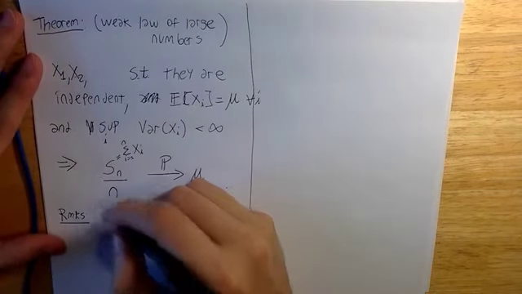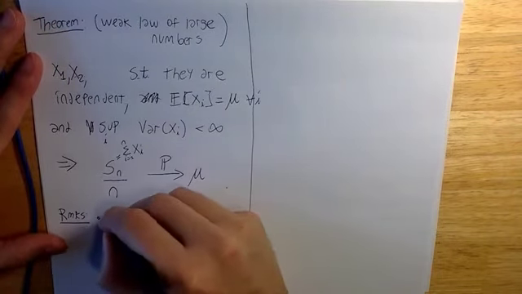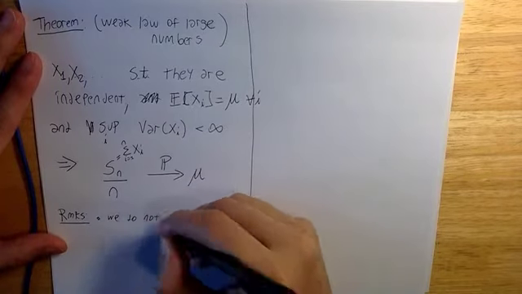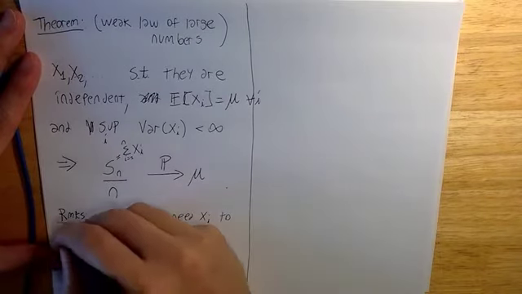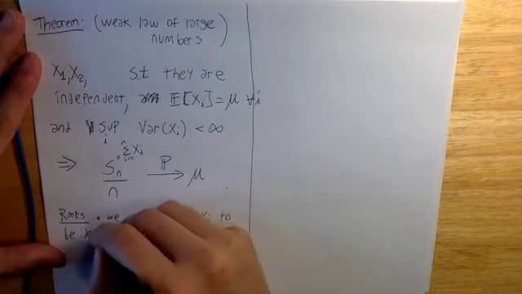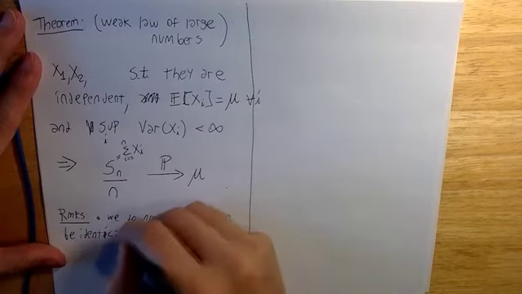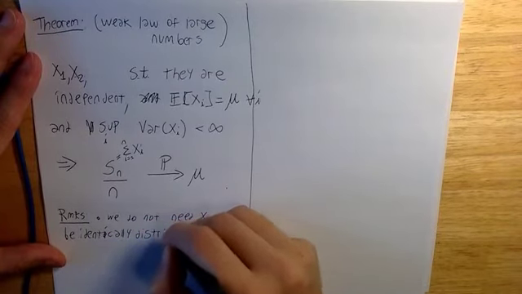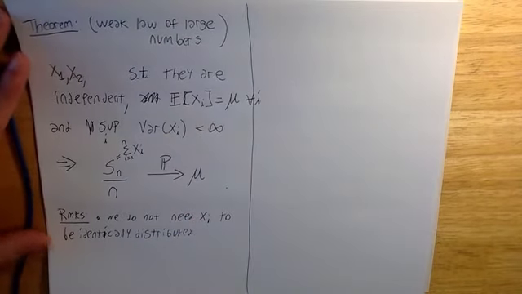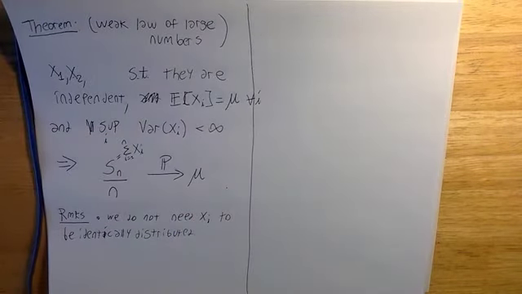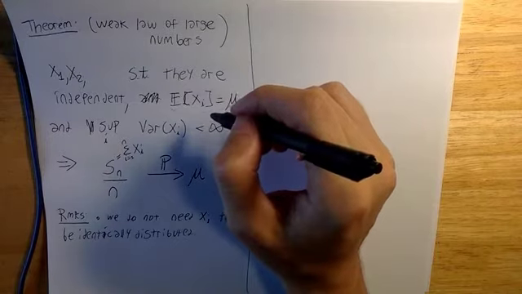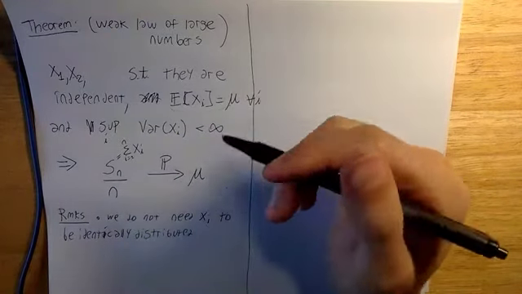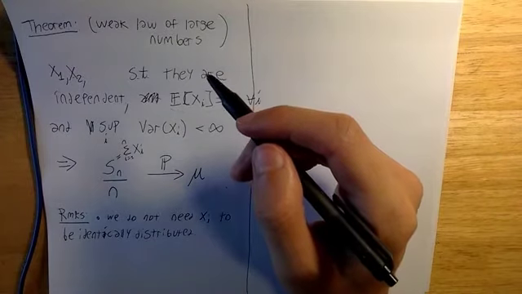One is that we don't need xi to be identically distributed. So if you have a bunch of random processes and you sum them up and you average them, you can still hope to see their expected value in the limit, independent of how they are distributed.